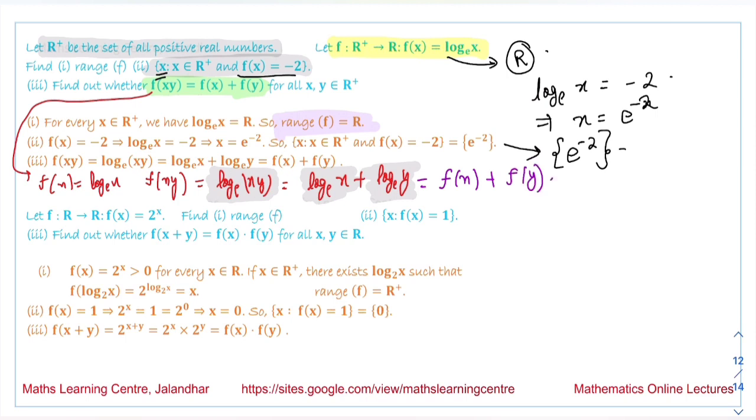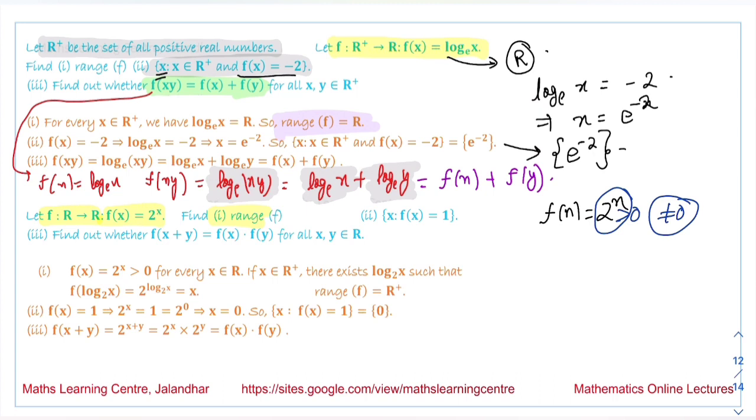Now the next question we have: the function f is defined from R to R, and f x is equal to 2 raised to the power x. Again we have to calculate the range of this function. So the function we have is f x is equal to 2 raised to the power x. This is the exponential function, and we know that 2 raised to the power x can never be equal to 0, and it is always greater than 0.